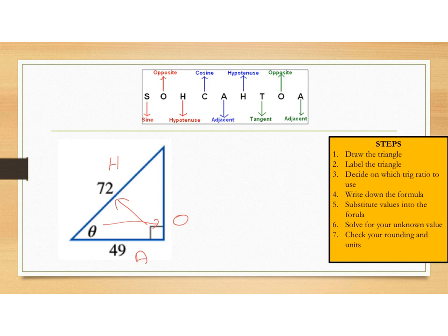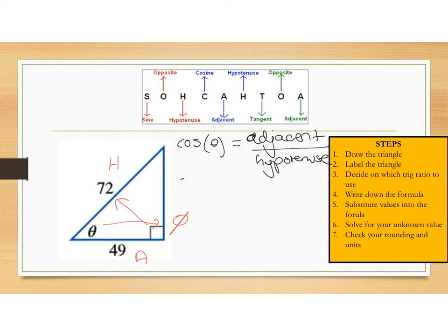And I can see that my O is not relevant in this case, so I'm left with my A and my H, which is going to mean, let's have a look up here, don't want my O, don't want the one with O's in it, so I'm left with the cosine again. So I'm going to write down that cosine theta equals adjacent over hypotenuse.